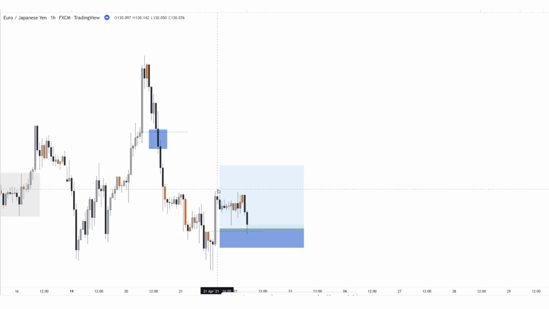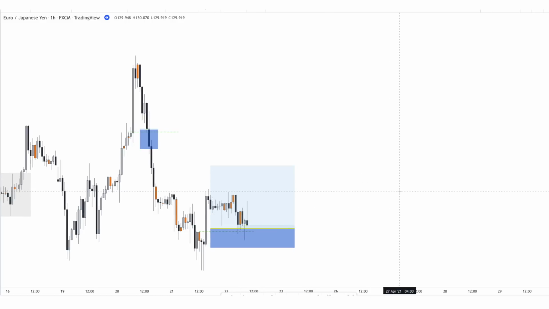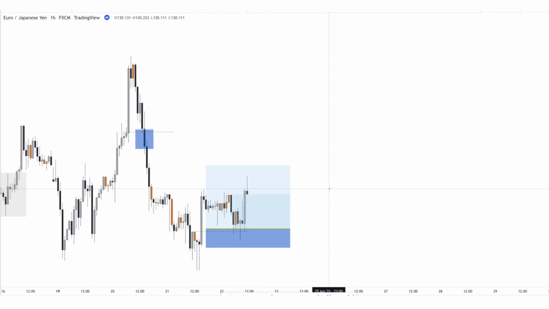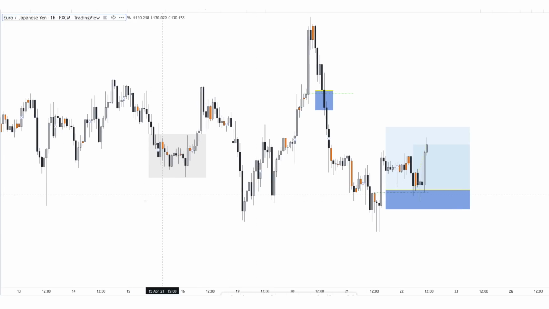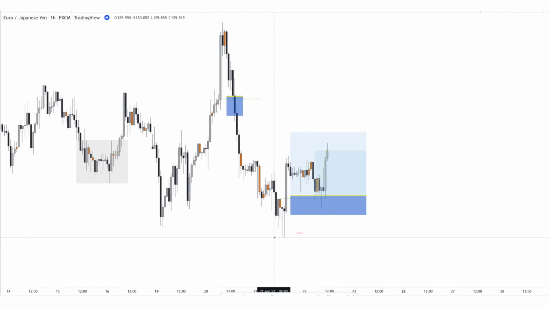If we break this high, let's just see what happens. And we have broken the high. Let me just steal a stop from over here. We've broken the high.